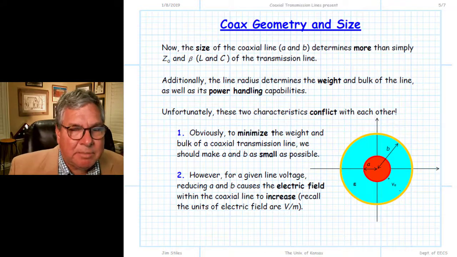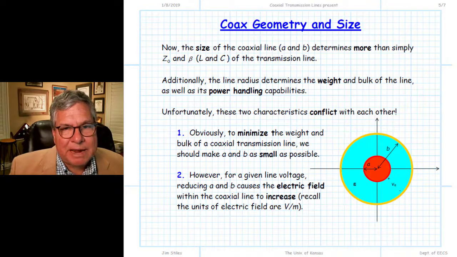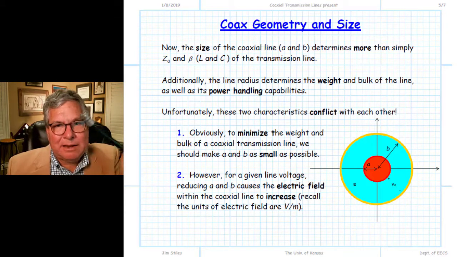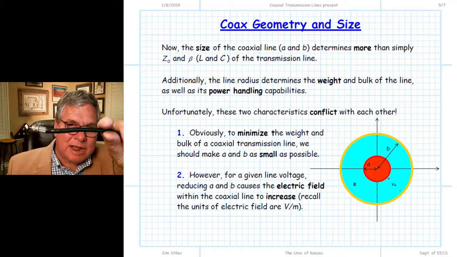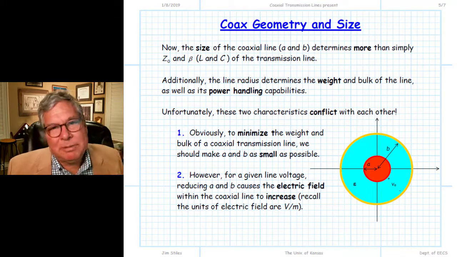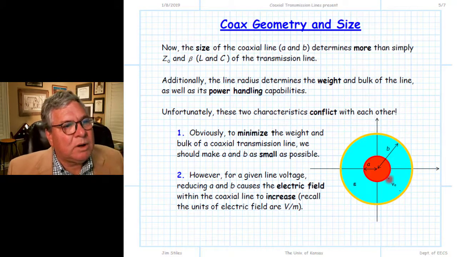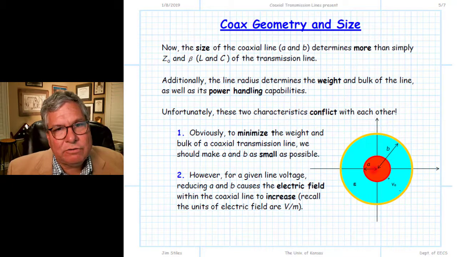So one question is, how big should these coaxial cables be? If you look at the cable that I had at the beginning of this lecture, its outer diameter is probably a little bit less than a centimeter. So why is that? How do we determine what the values of B and A should be?